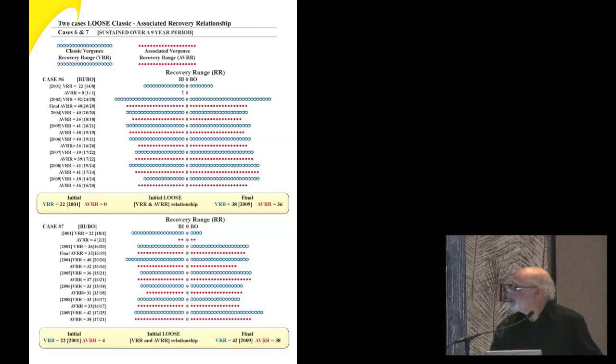But I hope you can see, but here at the bottom, you can see this relationship between the initial 22/4 and the final of 42/38. And if you watch the spread, give or take a little latitude, they've all got it. And none of them did more therapy. And it's an important parameter.